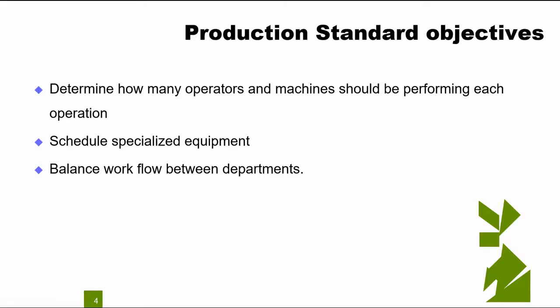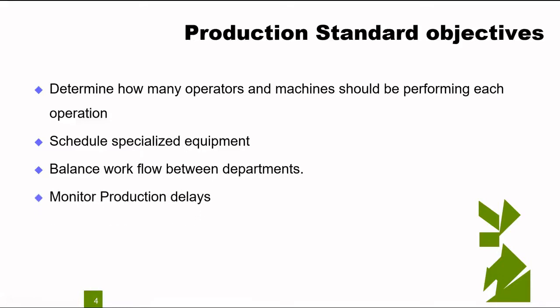So at the end of the day, there will be 800 pieces lying idle in the washing department and 800 pieces lying idle in the buttoning department. So that cannot happen. That should not happen. And that will happen because the balance in the workflow has not been maintained between the departments. So when you know the production standards, you'll know how to balance it.